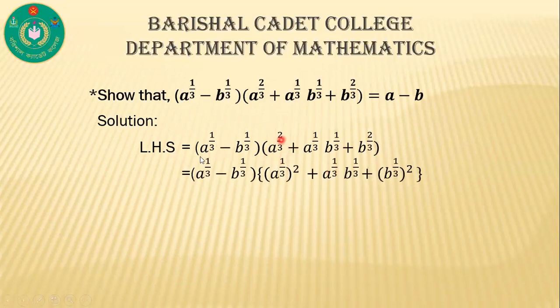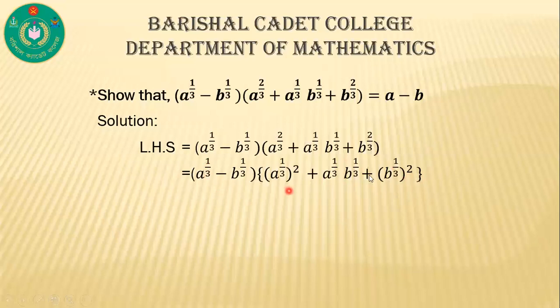Now here we can write a to the power 2 by 3 is equal to (a to the power 1 by 3) whole square, and b to the power 2 by 3 is equal to (b to the power 1 by 3) whole square. Now we know a cube minus b cube is equal to (a minus b) into (a square plus ab plus b square).